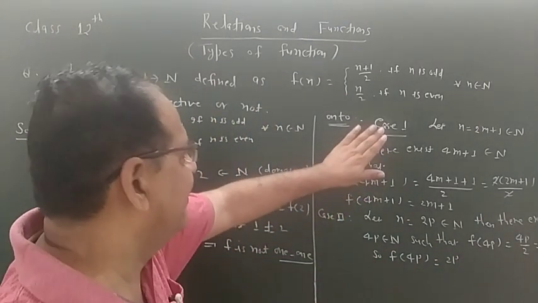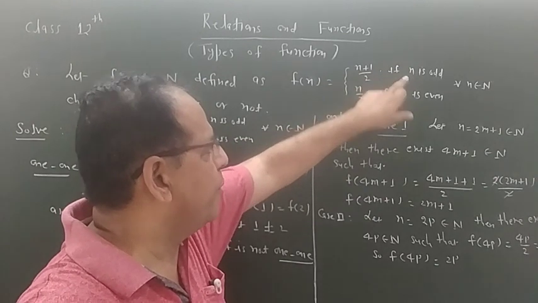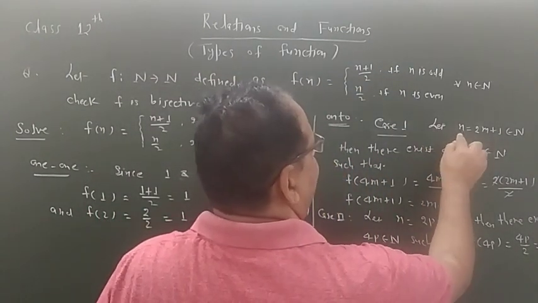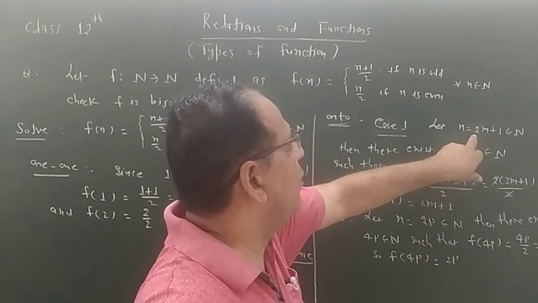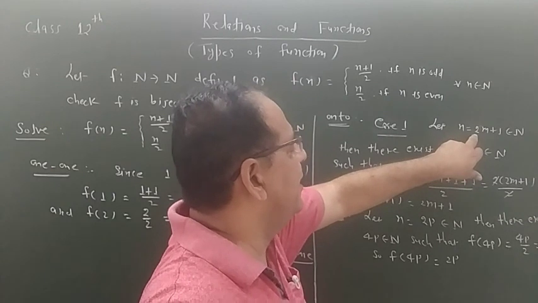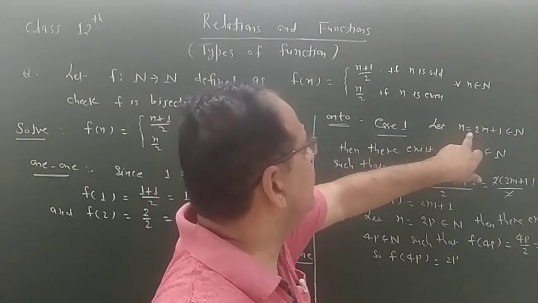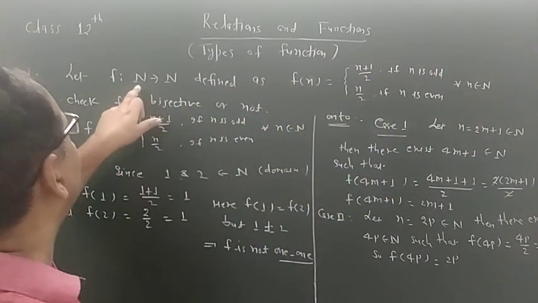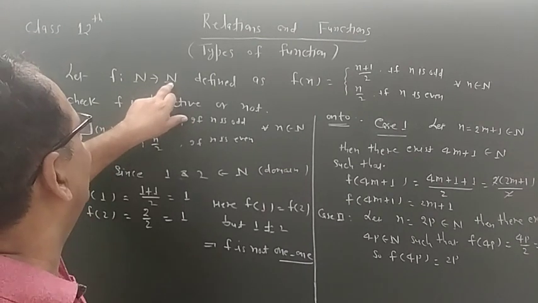I am repeating again because this function is defined on two kinds of numbers, one odd and one even. So suppose that in the first case let n equal to 2m plus 1. We know that every odd number can be represented in the form 2m minus 1, 2m plus 1 or 2m plus 3. So this n is an odd number, because our domain is the set of natural numbers and our codomain is also the set of natural numbers.